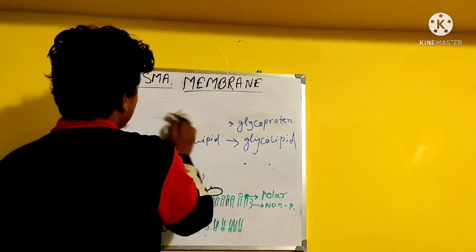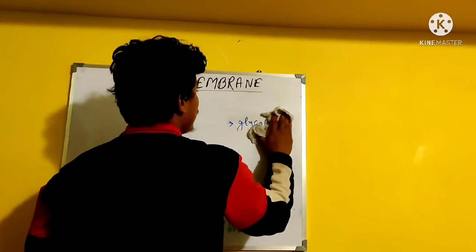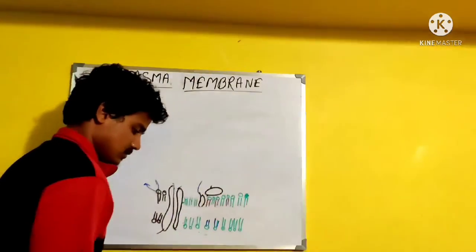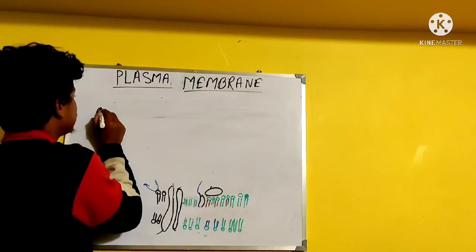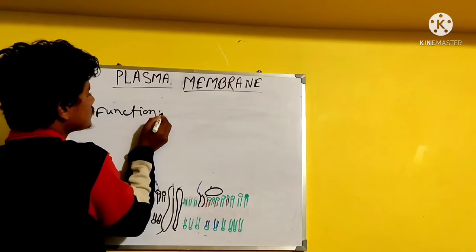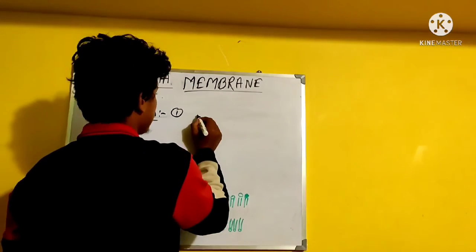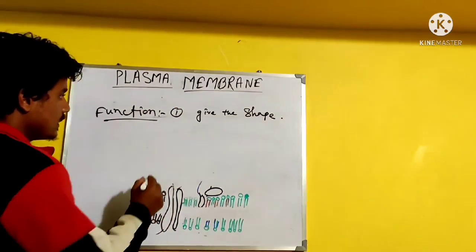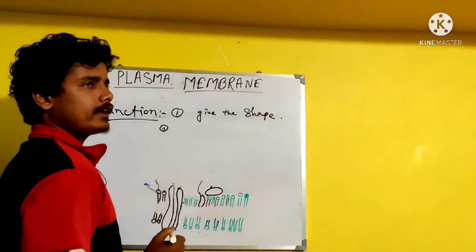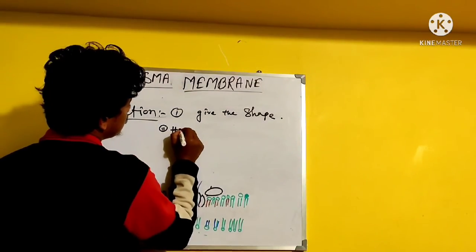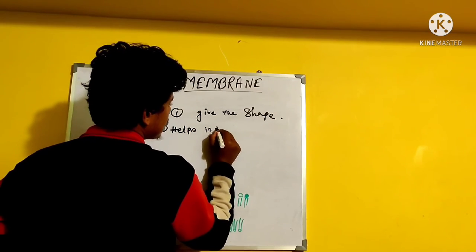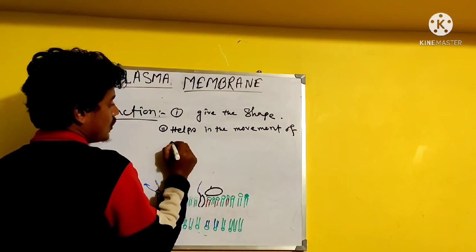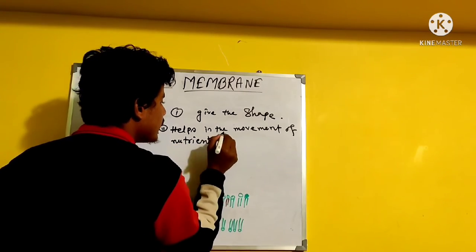Many functions have been found for plasma membrane, but today we will consider some main functions. It gives shape to the cell, and helps in the movement of nutrients and many other things.